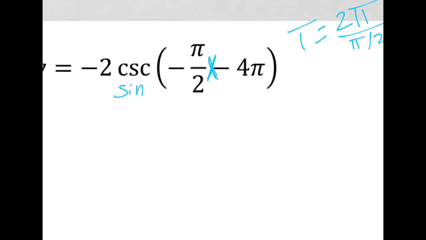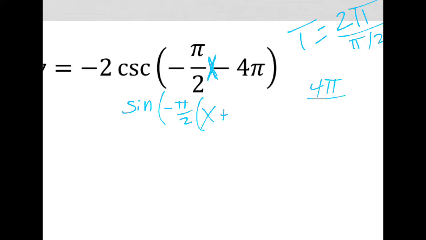Okay, let's factor the inside here, and let's think of this as a sine graph. We're factoring that negative pi over 2 out. Negative pi over 2 times quantity x plus something. Let's figure out what that something is. Take that phase shift of negative 4 pi and divide out the coefficient, which is negative pi over 2.